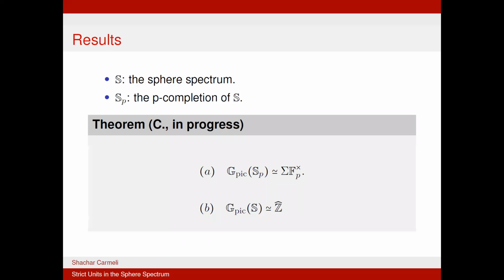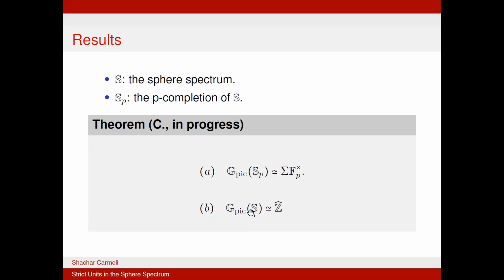And here is the theorem. So again, it's in progress. I'm still writing it. So of course, this is very recent. The strict Picard spectrum of the p-complete sphere is just the suspension of F_p cross. So it's an Eilenberg-MacLane spectrum with a single homotopy group, which is pi1. And this pi1 is F_p cross, so a group of size p minus 1.